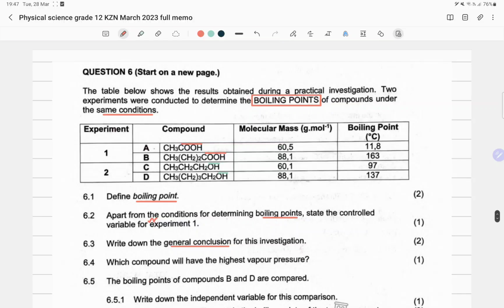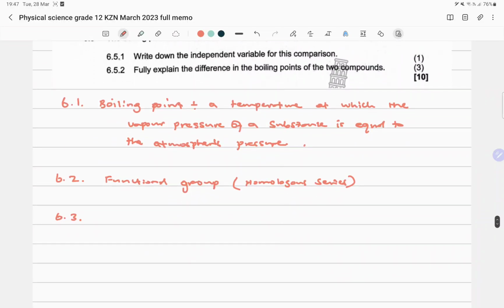But since here we talked about the molecular mass, let's just use that and say the higher the molecular mass, the higher is the boiling point in each experiment.